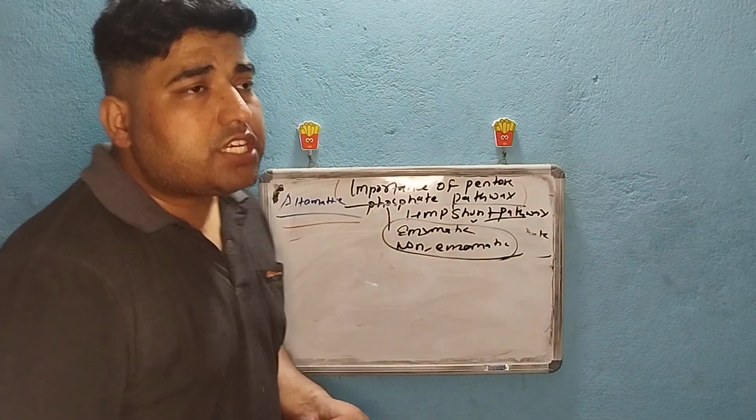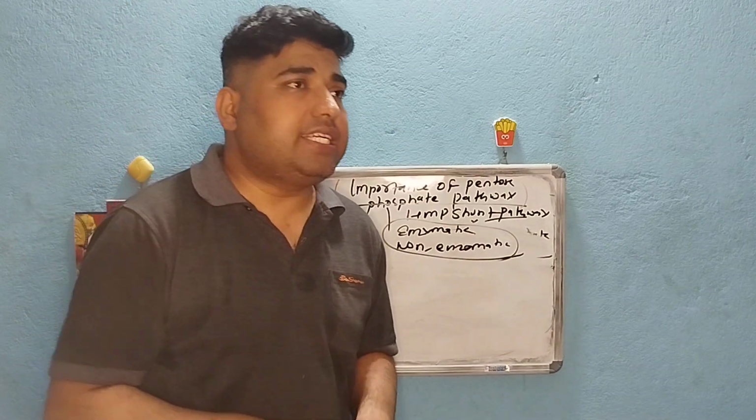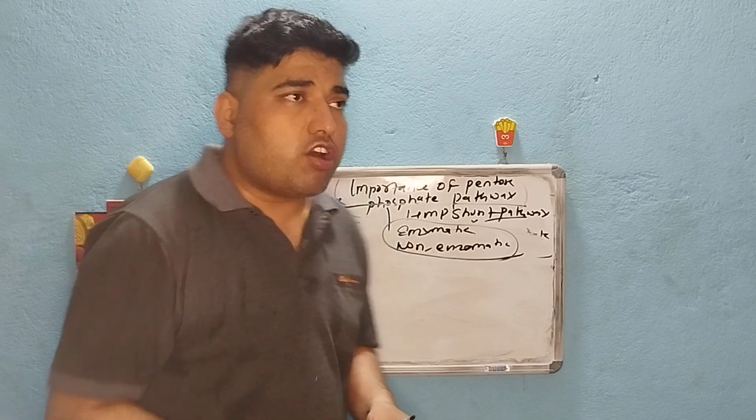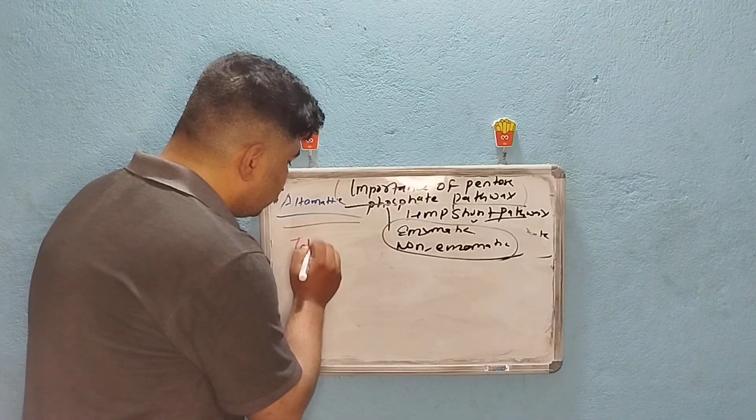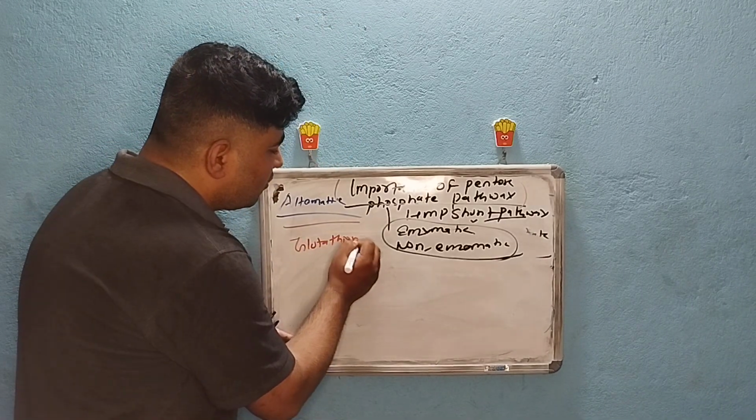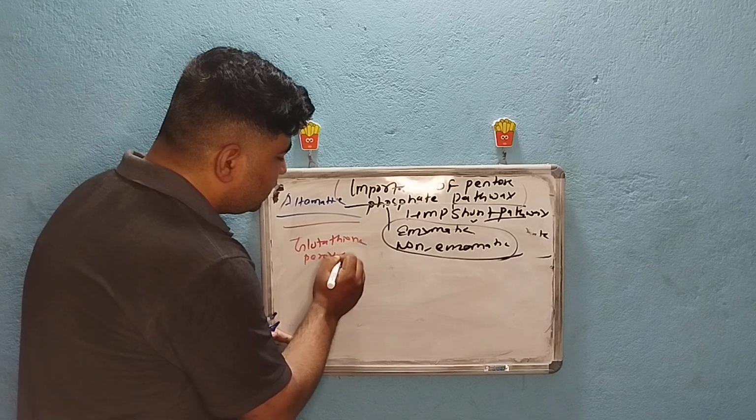One of the enzymes in the enzymatic antioxidant defense system is glutathione peroxidase.